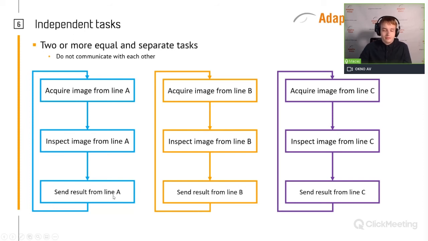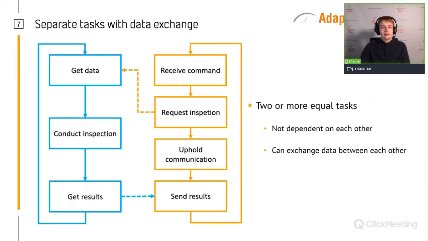Very simple concept. Next, we have the more abstract one, when the tasks are divided into threads based on their goal. So the orange thread is the communication thread, and the blue one is the inspection thread. The orange thread maintains communication with some other device. If that device requests some inspection result, it may forward the request to the inspection thread.